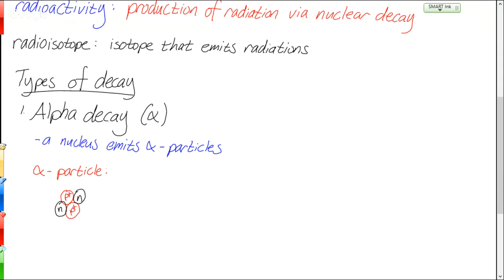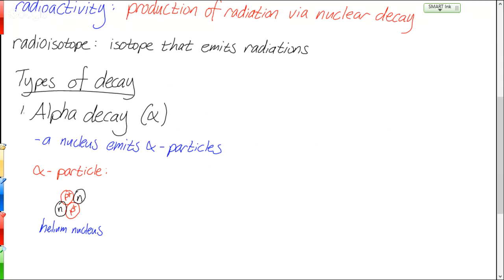When we say it's a helium nucleus, remember before we defined any particle that has a certain number of protons as being named that element. So if a particle has 2 protons in it, we call it helium, even though it's different from the neutral helium atom. So it's a helium nucleus with 2 protons and 2 neutrons.